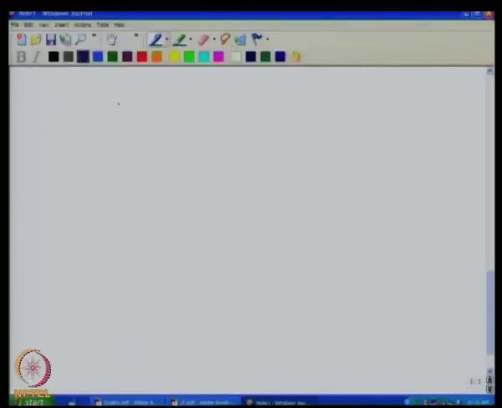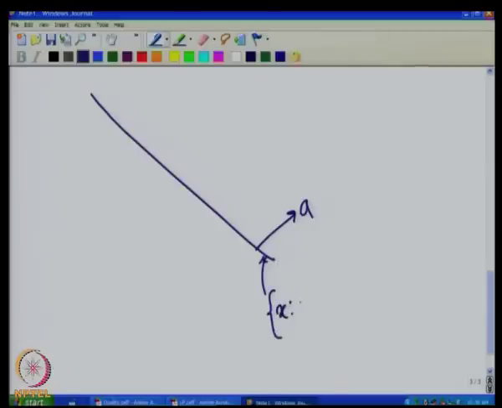So, if we have in two dimensional space a line, this is the set of all x such that A transpose x equal to b.